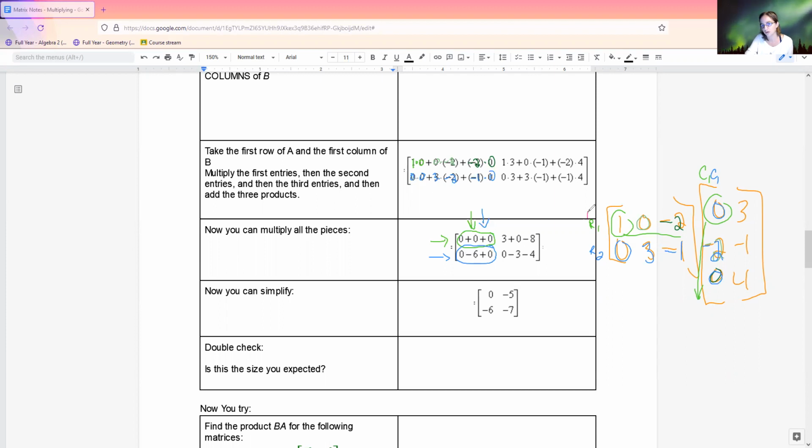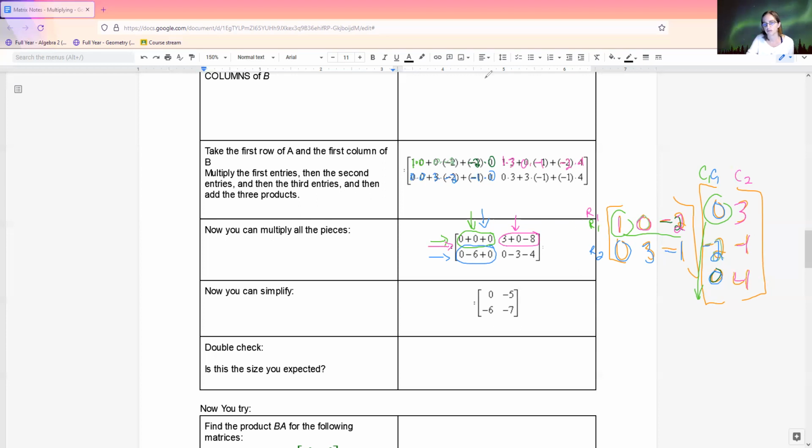I'm starting with row 1 again, but now I'm doing column 2. Row 1, column 2 will give me this space. 1 times 3, 0 times negative 1, negative 2 times 4.